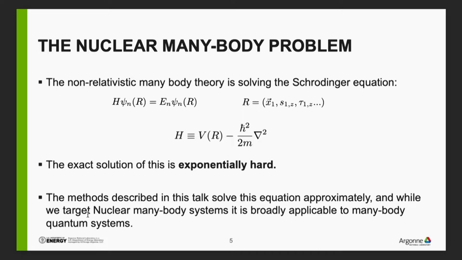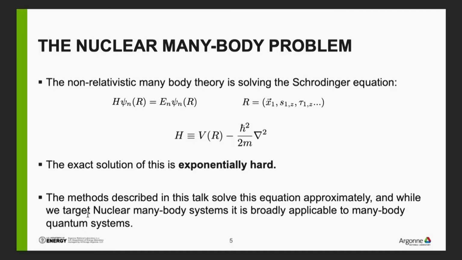Unfortunately, the exact solution when you have many body problems is exponentially hard. So the wave function is, I wrote it as a function of r, but that r represents all three coordinates of every particle, and then they also have spin and isospin coordinates. And as soon as you get to a couple particles, that starts to become computationally intense.